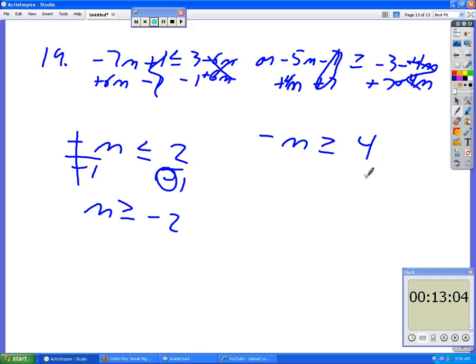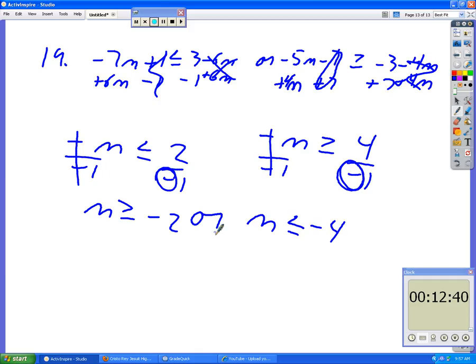I have to get rid of the negative, so I divide by -1. They cancel. I get n, and since I divided by a negative, turn the arrow around, and I get -4. And this is an OR.